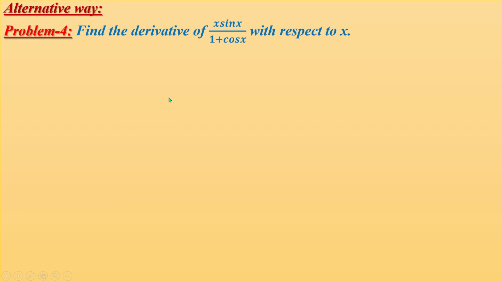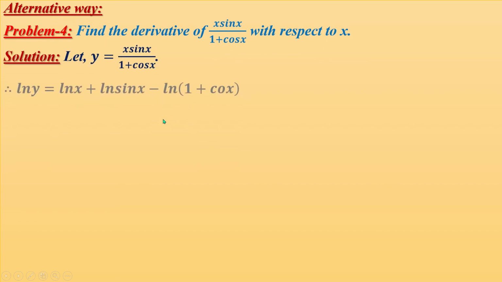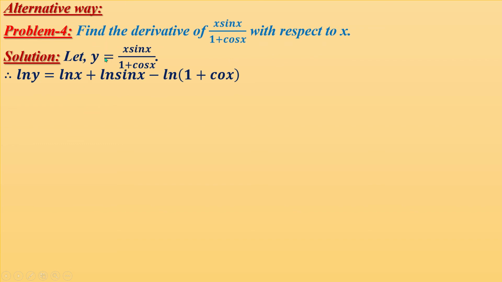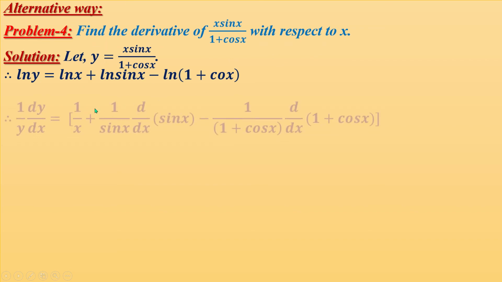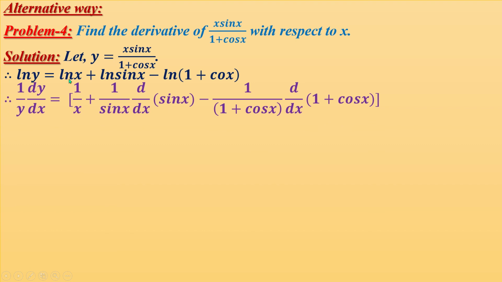Alternative way. This is a given condition, same math, just a different process. We can use logarithm on both sides. Okay, and the derivative of this with respect to x, we will get this. Clear?